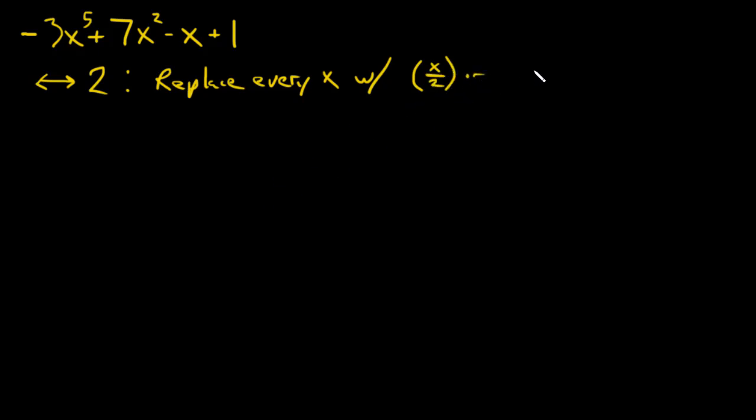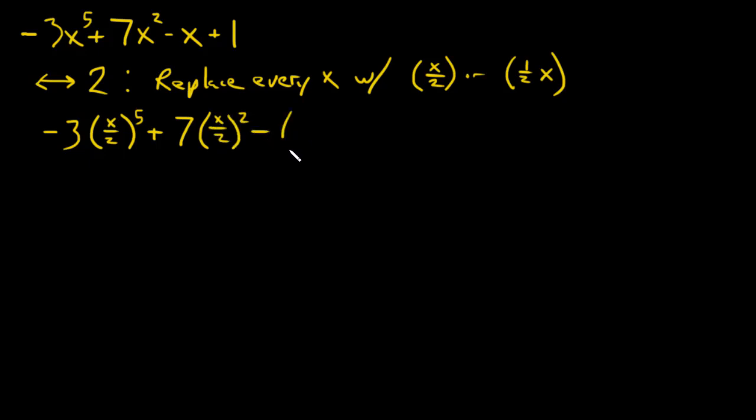Or if you want, you can still use 1/2 x. It's completely up to you, doesn't matter which one you use. Alrighty, so in this case it would be negative 3 times x over 2 to the fifth plus 7 times x over 2 squared minus x over 2 plus 1. This is going to stretch it horizontally by a factor of 2.